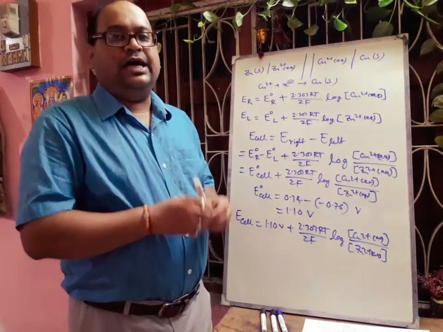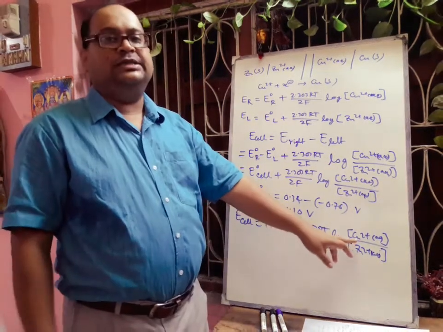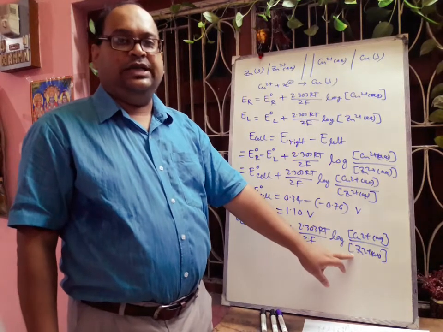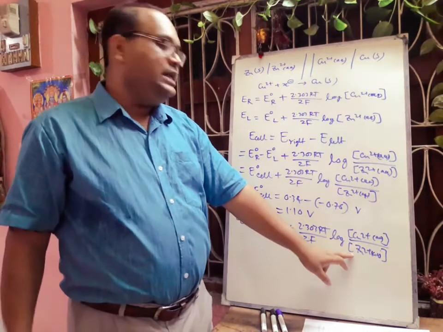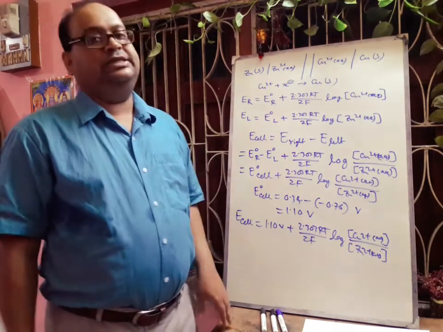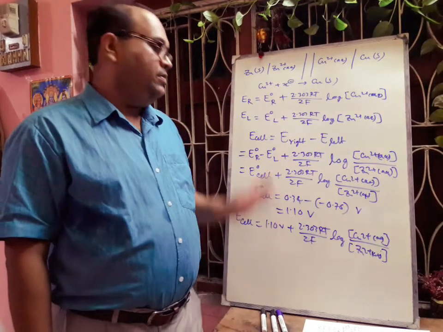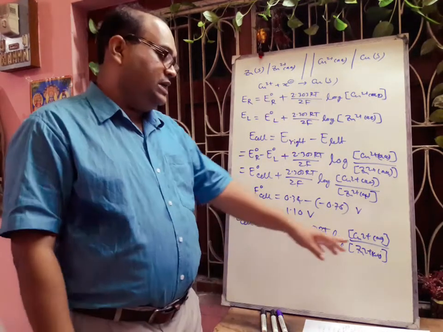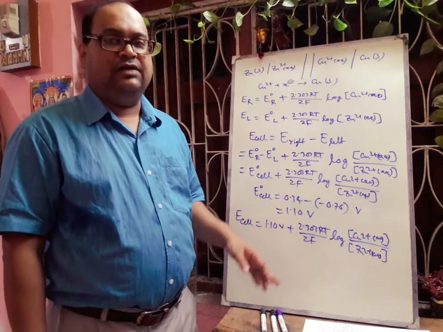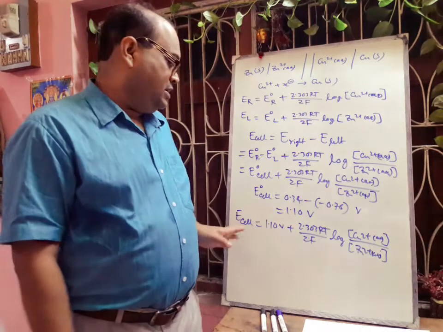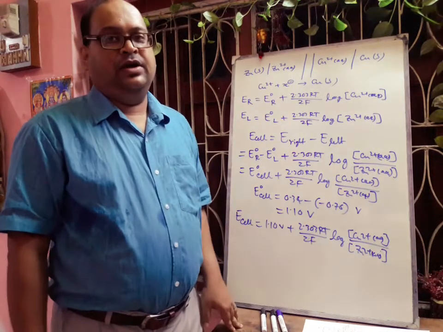So if we know the concentration of Cu2+ and the concentration of Zn2+, then we can easily calculate the EMF value of this Daniell cell. Hope you can understand. So if these data are supplied, you can easily calculate the EMF of the cell.